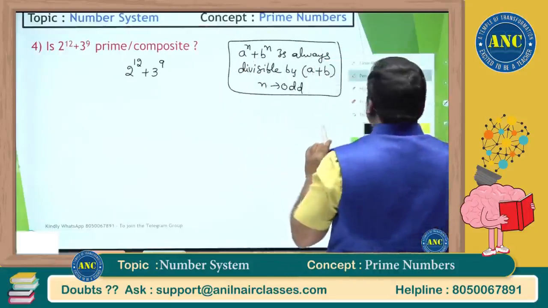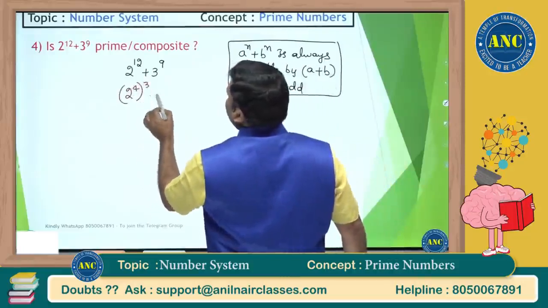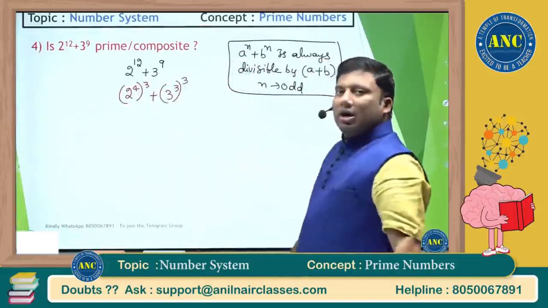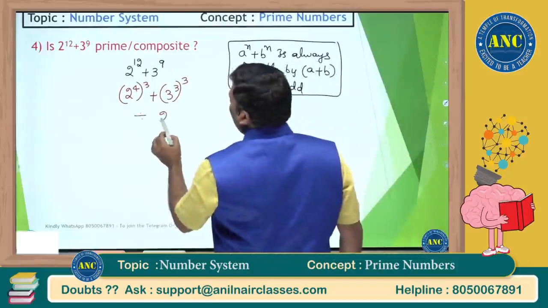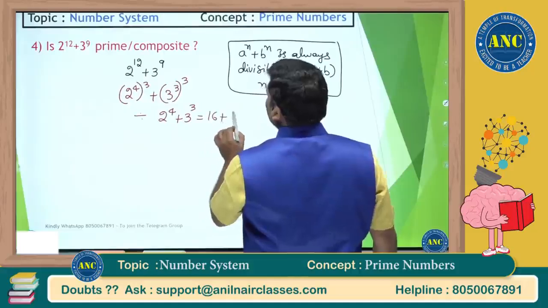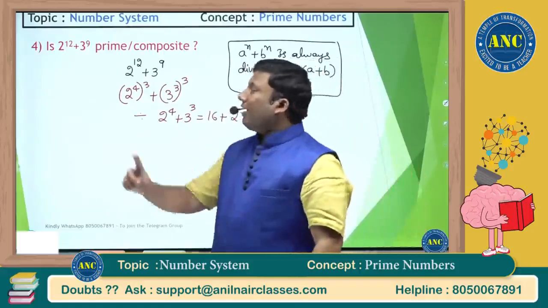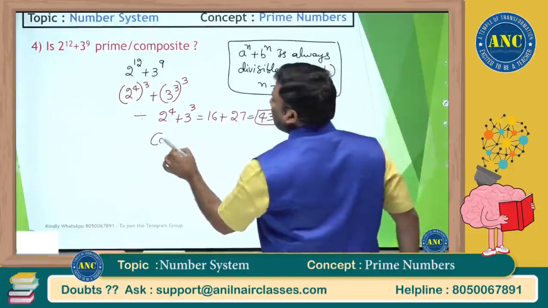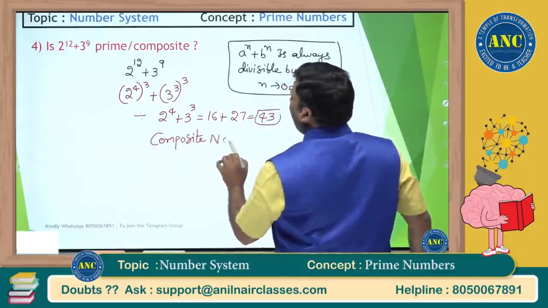Can I write it like this? 2 power 12 is (2 power 4) power 3, and 3 power 9 is (3 square) power 3, so it is always divisible by 2 power 4 plus 3 power 3, which is 16 plus 27, 43. If it is a prime number, it should have only two factors, 1 and the given number, but it is giving me a factor 43. So the answer for this question is composite number.